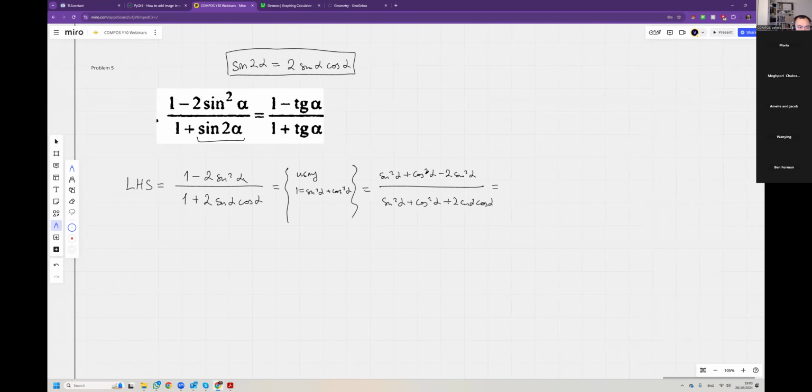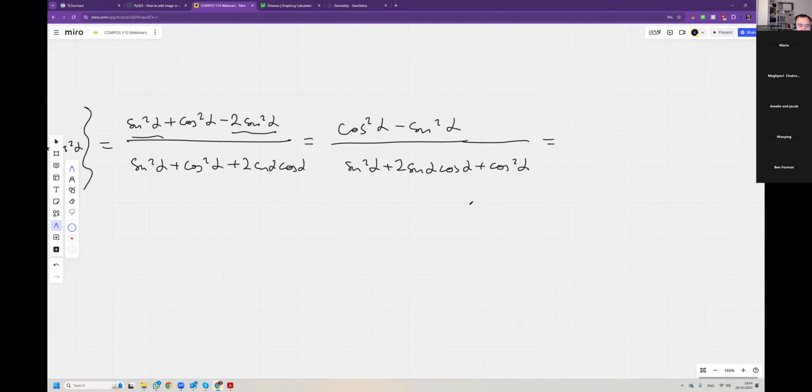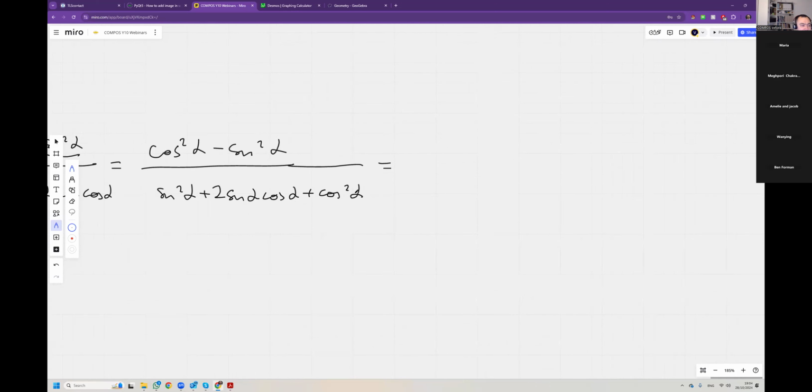Now here this becomes a sine minus sine, so it's cos squared alpha minus sine squared alpha, like terms, right? Over sine squared alpha plus 2 sine alpha cos alpha plus cos squared alpha. What can I do next? Can somebody help me?